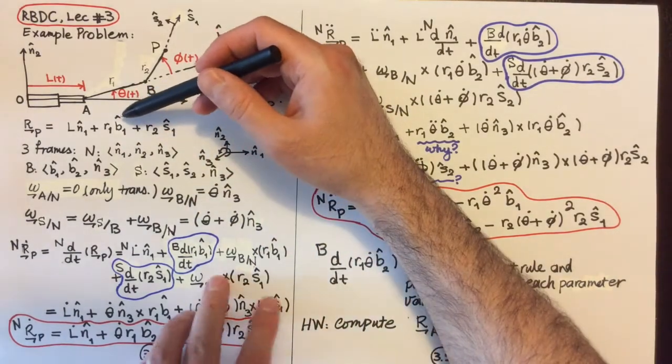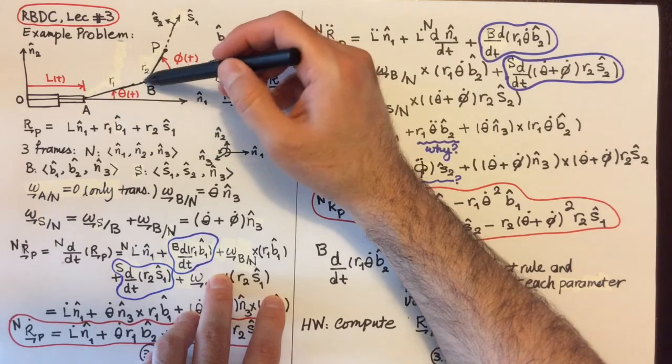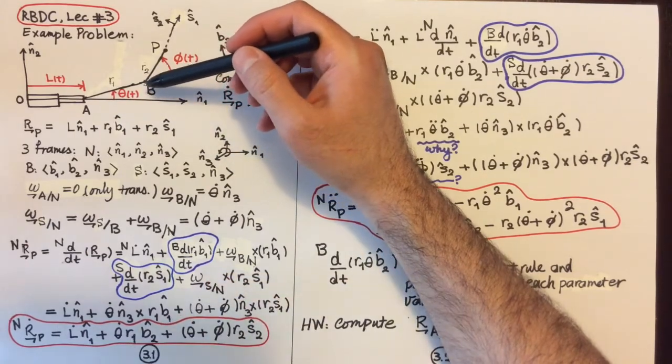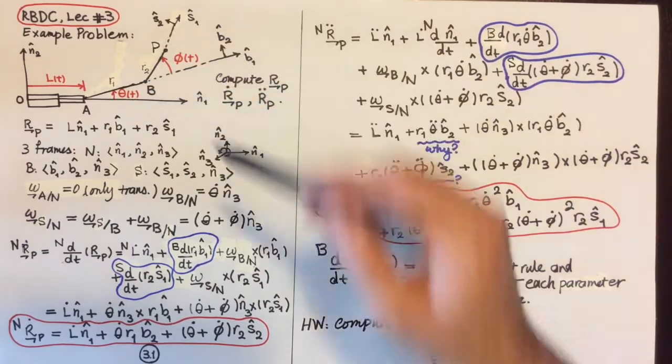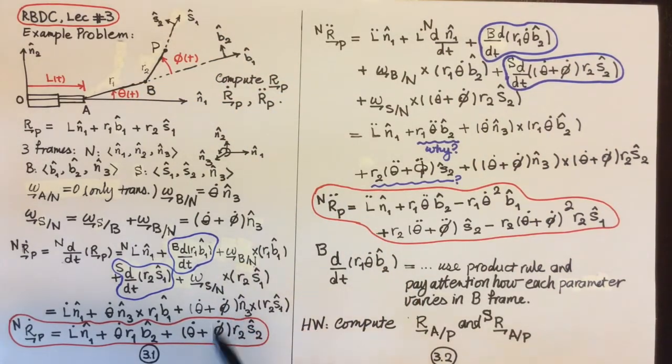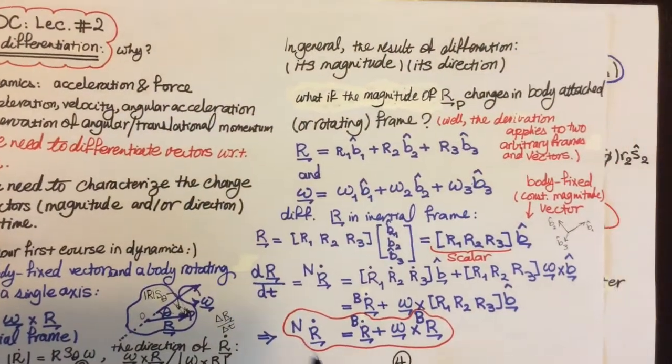For the second term, I differentiated in the B frame because I assume that I have this B frame attached to the point B, and then we add omega cross the vector. So if you recall, let me just remind you, we had this relationship.